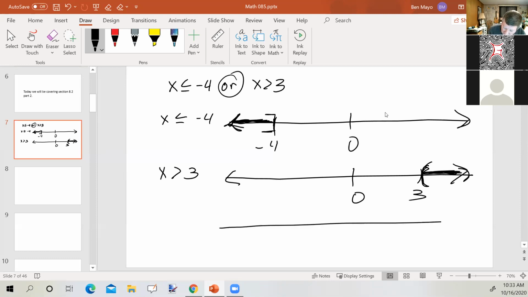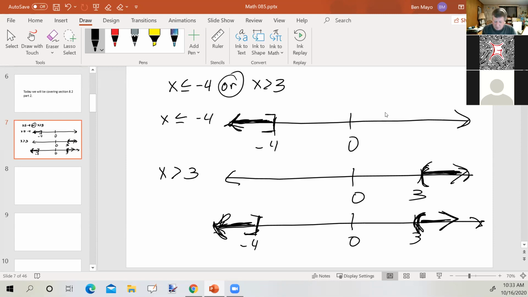So if we were to graph the union, we would have this piece along with that piece. So the graph is going to have a bracket at -4 with an arrow going to the left, parentheses at 3 with an arrow going to the right.